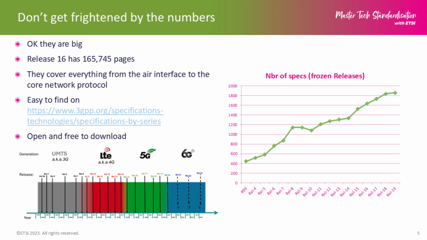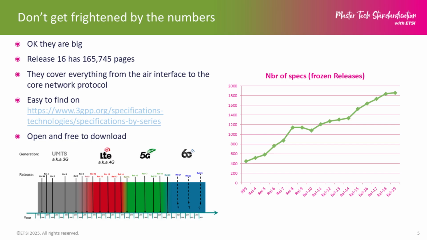First of all, here is the number of specifications. We're hovering around 1,800 specifications. You know that's a lot of documents. I recently tried to work out how many pages there were. In Release 16, there are 165,745 pages.